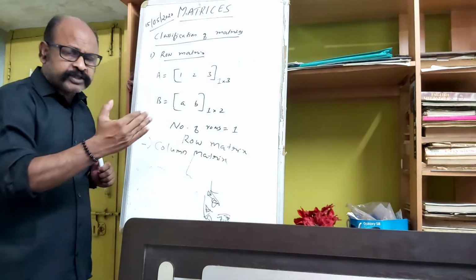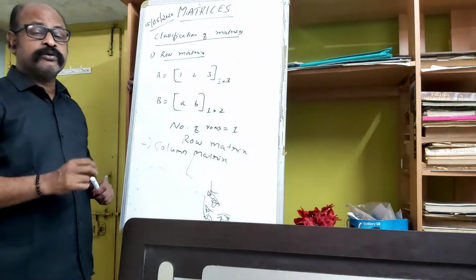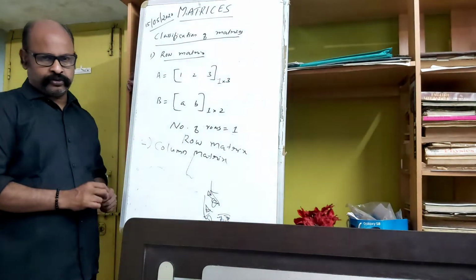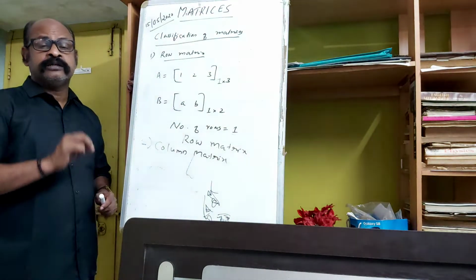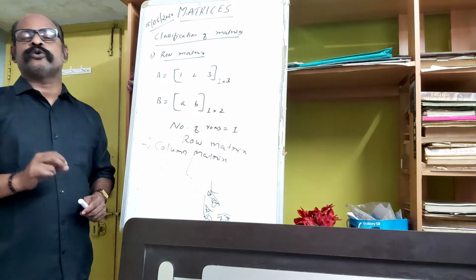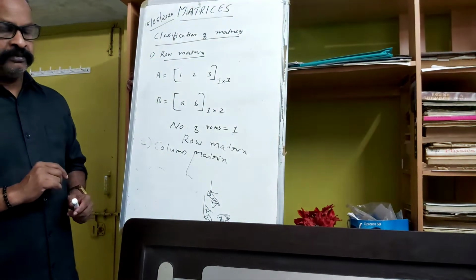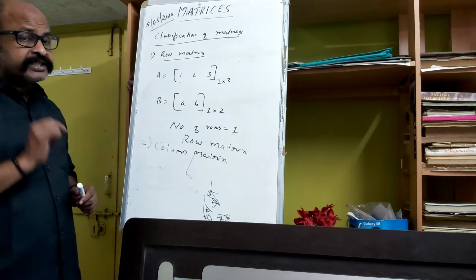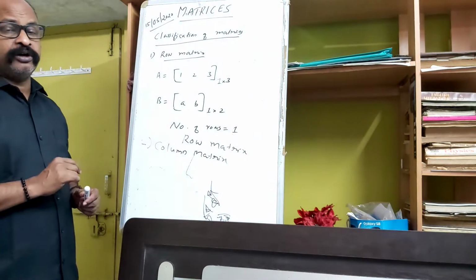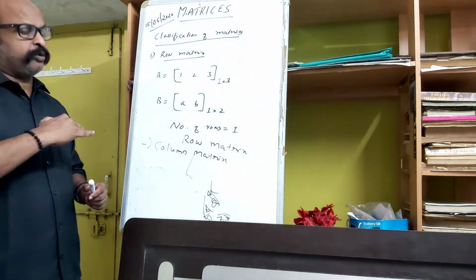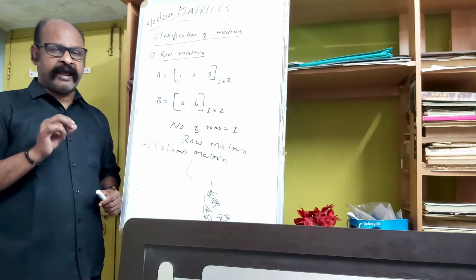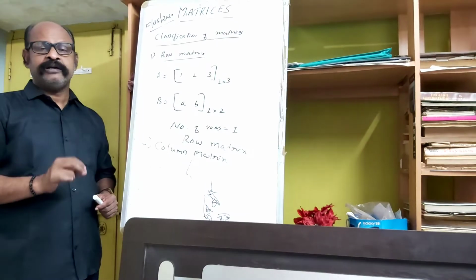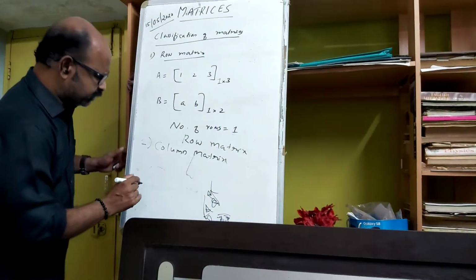Row matrix means a matrix having only one row. So a column matrix means a matrix having only one column. So what is a column matrix? A matrix having only one column is a column matrix. So we can write an example.